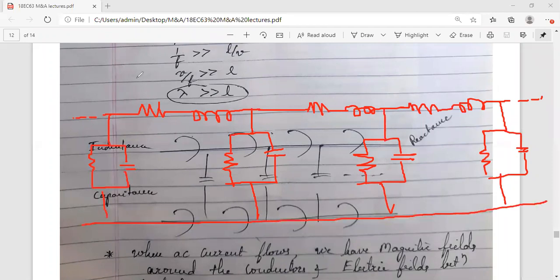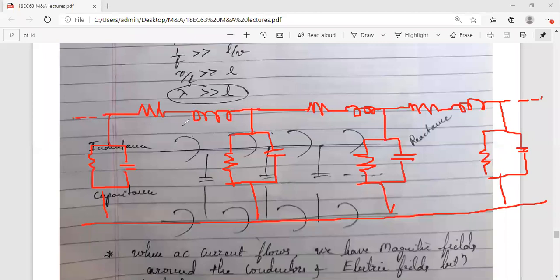Okay, these two are the lines. This particular resistance and inductance is due to the magnetic field, and conductance and capacitance is due to the electric field. So this is a complete transmission line, and I have drawn the distributed parameters.